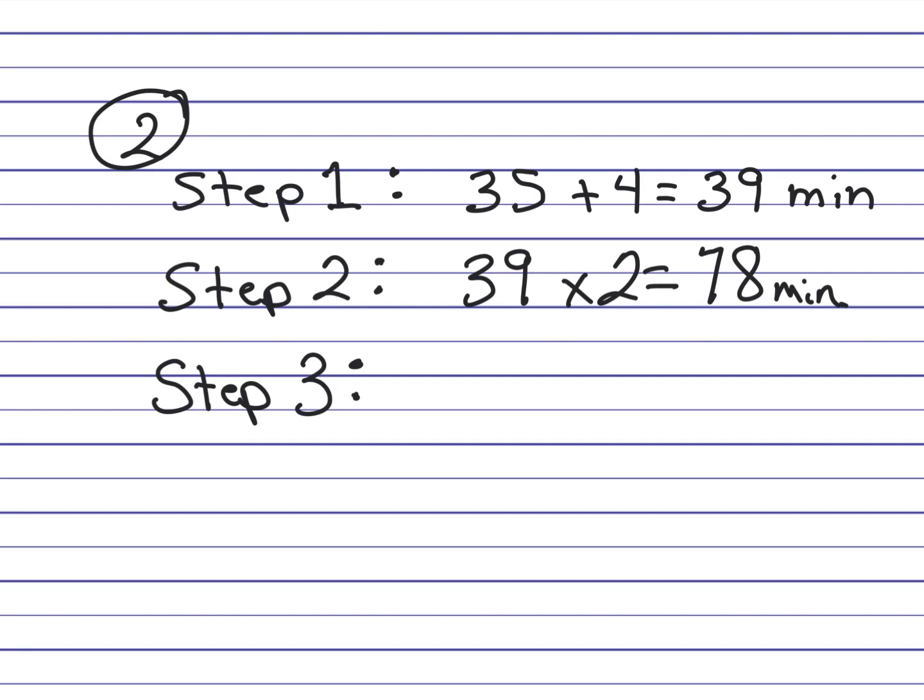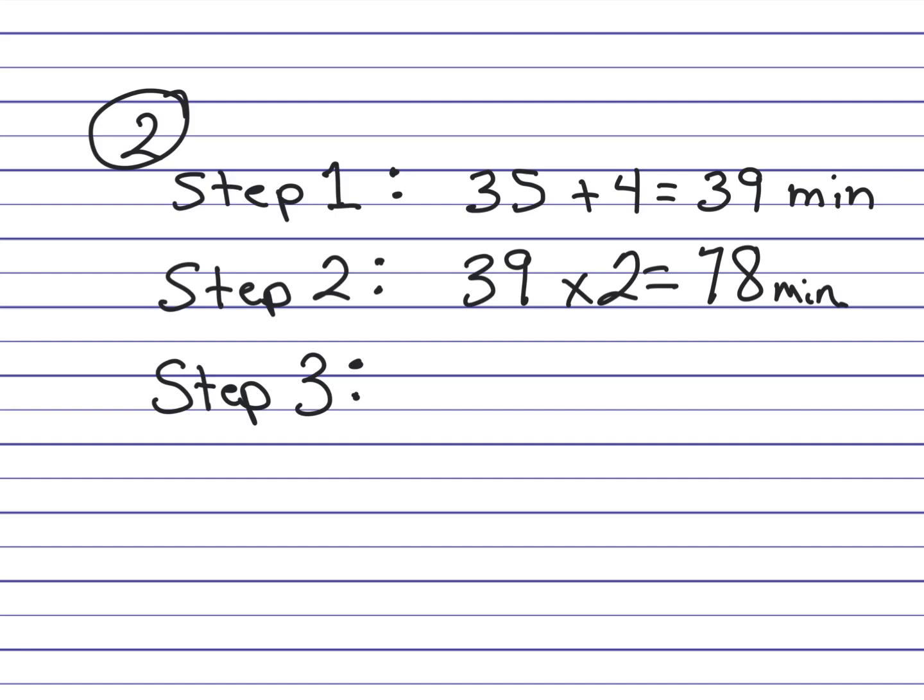Now, we're having to think about our units here. So it takes 78 minutes to go there and back, okay? So that would be for the round trip. Now, it says one week he realized that he spent 5 hours and 12 minutes traveling to her apartment and then back home. So we need to take 5 hours, 12 minutes, and we need to divide it by our 78.